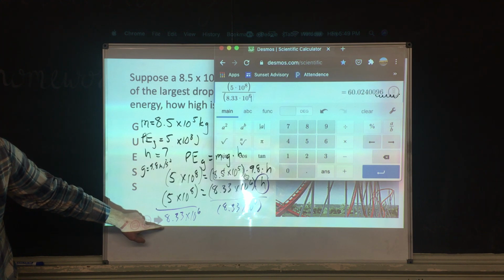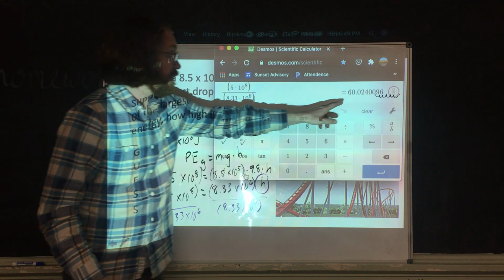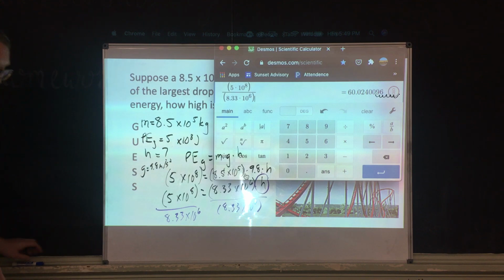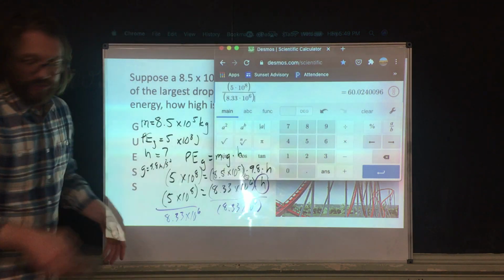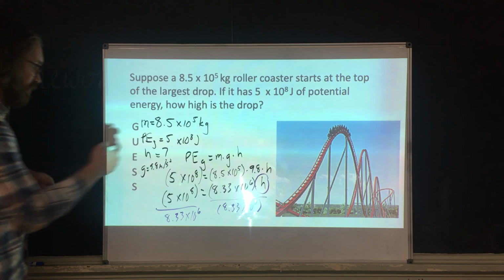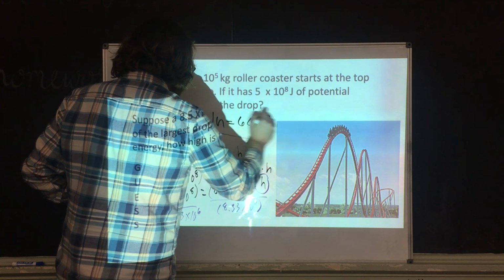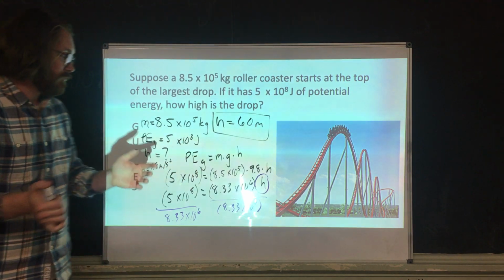Forward, close parentheses. I know you can't see the parentheses right there, but they're there. And here's our answer: 60.02, which we would just round to 60. So our height is 60 meters, which is a solid roller coaster. It's like a 200-foot roller coaster.